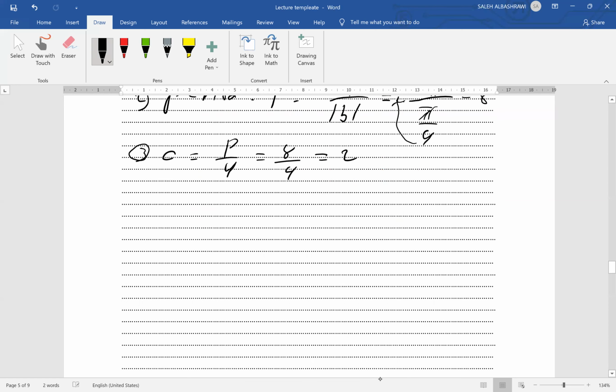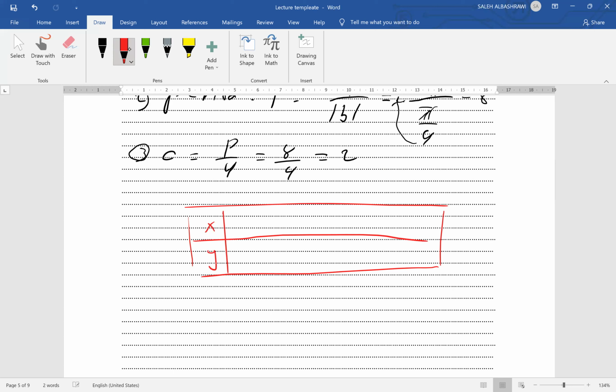Now I can write the values for x and y to sketch the graph of this function. I have x, y, 0, then 1 delta, that is 2, 2 delta, 2 times 2 will give me 4. Then I have 3 delta, that will be 6, and 4 delta will be 8.